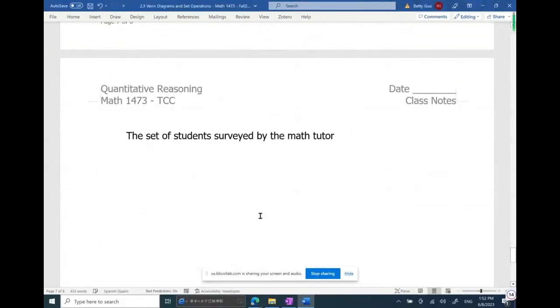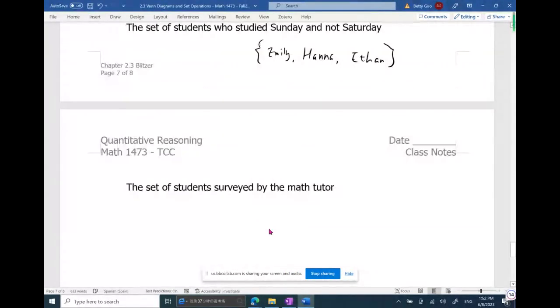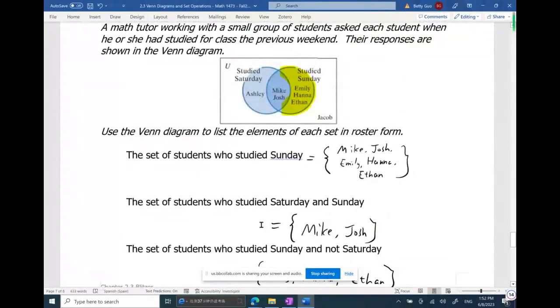The last one, the set of students surveyed by the math tutor. That set refers to the universal set, all the students in the box. I'm going to write it right here. And it has Ashley, Mike, Josh, Emily, Hannah, Ethan, and Jacob.